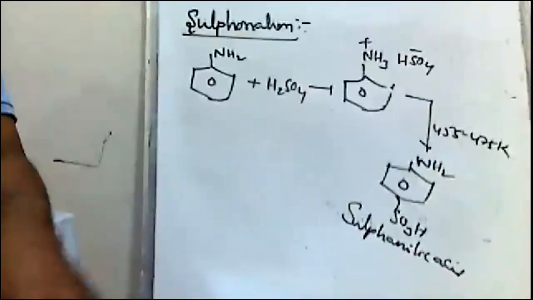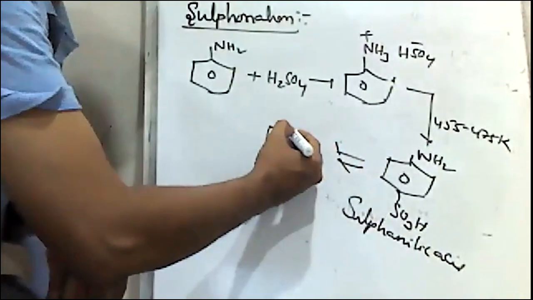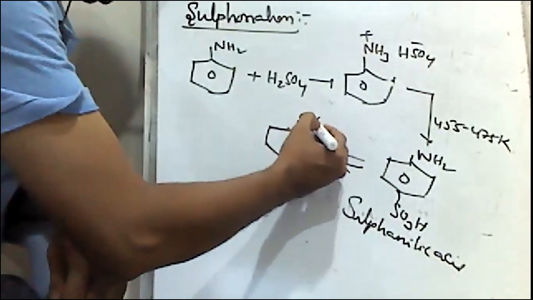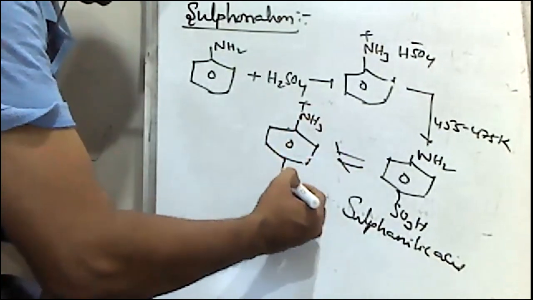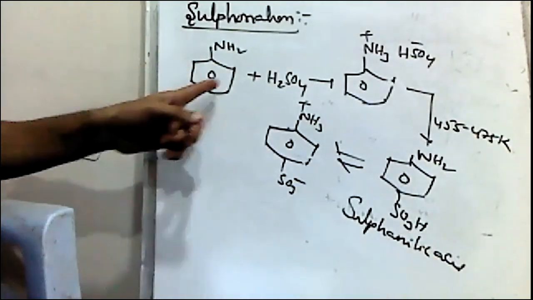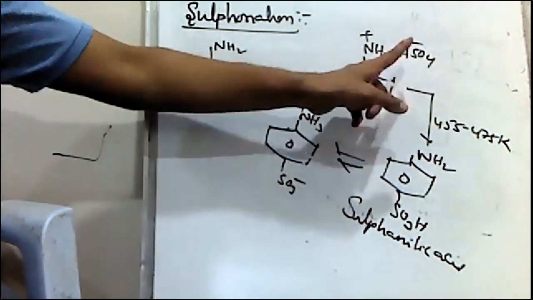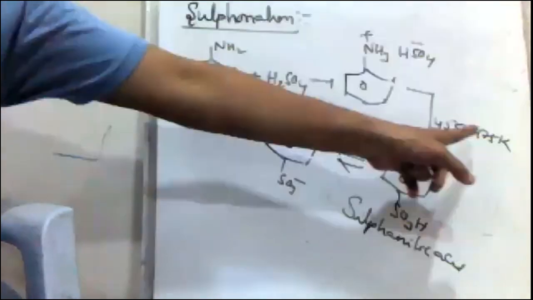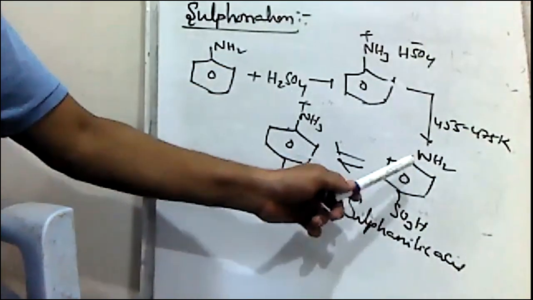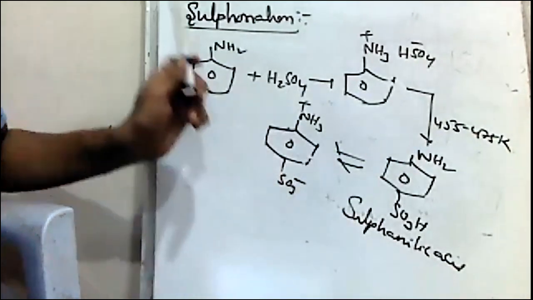And this interconverts to a zwitterion, NH3+ and SO3-. Aniline on reaction with sulfuric acid initially forms a salt like this, which on further heating at 455 to 475 Kelvin forms sulfanilic acid, and sulfanilic acid reforms as a zwitterion like this.